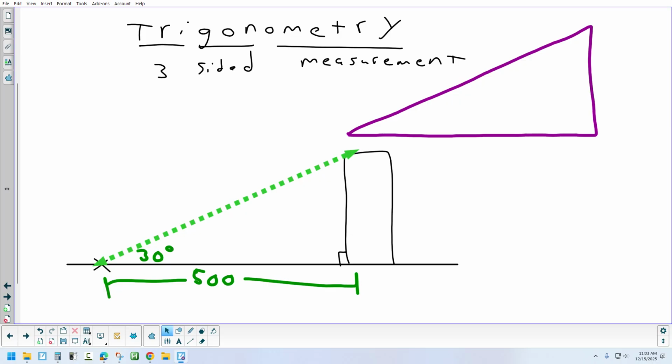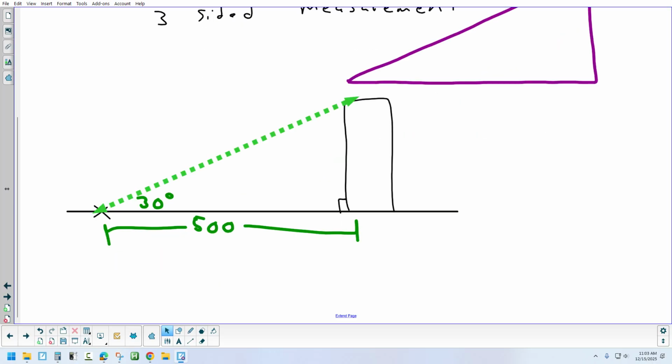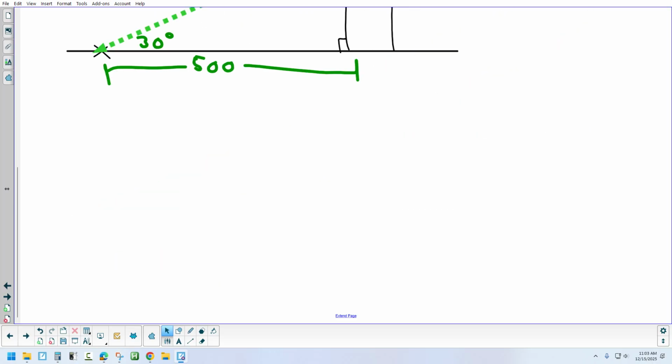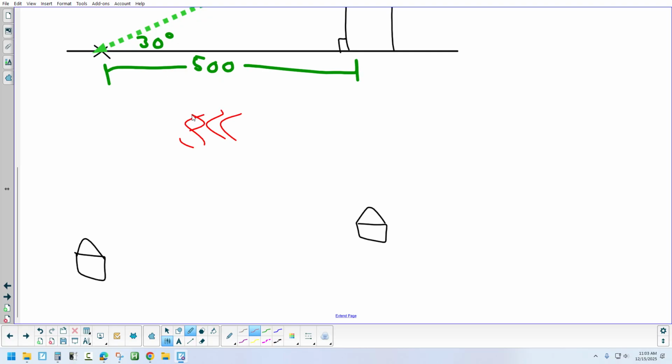Here's another example. Let's say that there were 2 towers. We've got one here, and another one over here. And somewhere in the distance they see some smoke or a fire far away, and they want to figure out where that fire is.